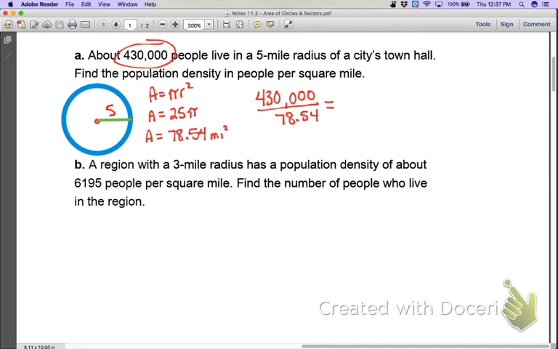So approximately 5,474.91 people. Oop, not pre, but per. So 5,475 people per square mile, about, okay?